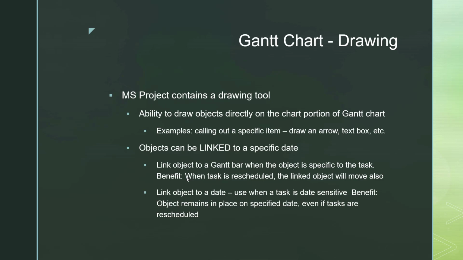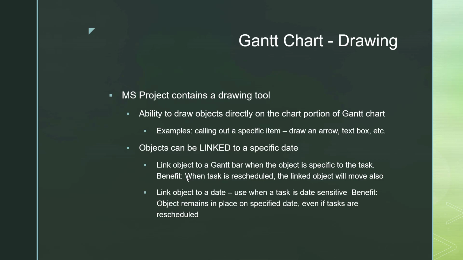And then the second way that you can link an object is to a date. So that's to a point in the schedule and not to the task. You would use that type of drawing when you want to focus on the date rather than the task.